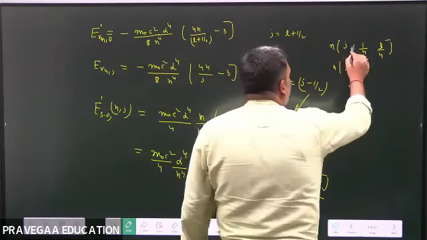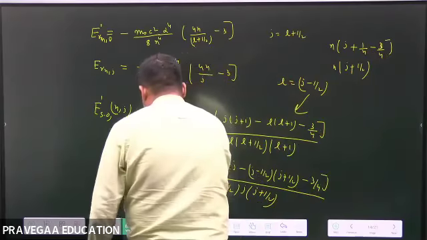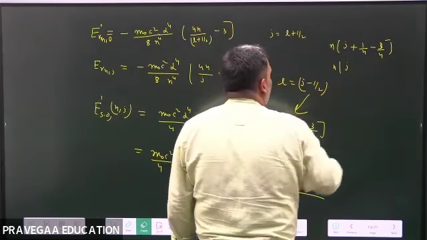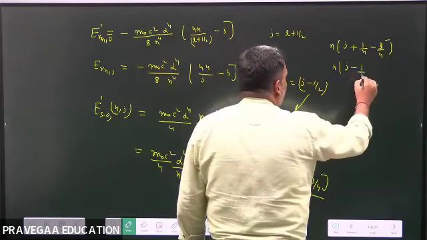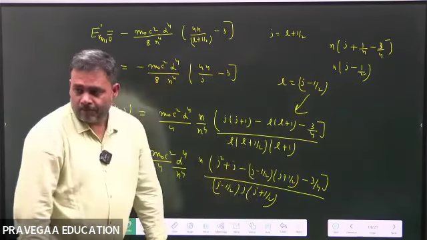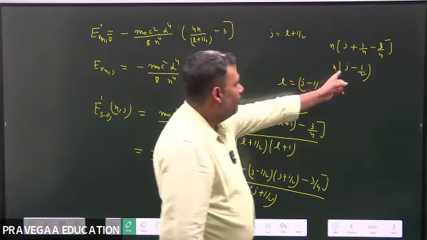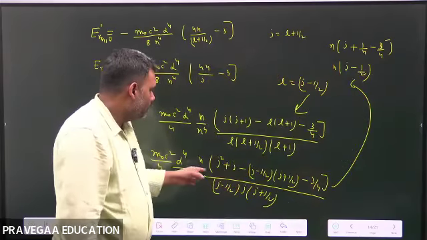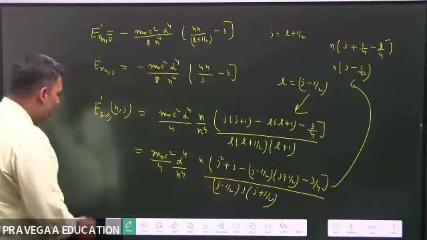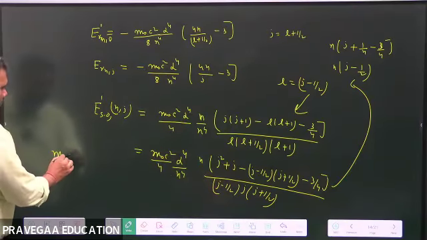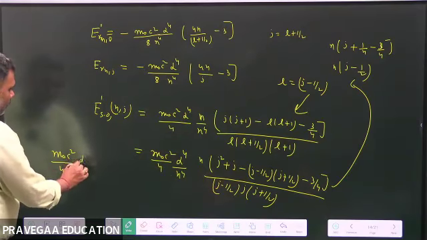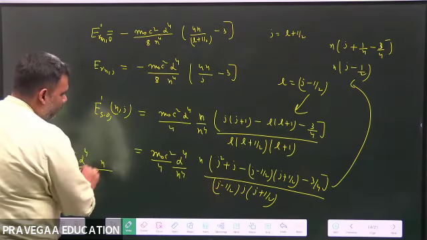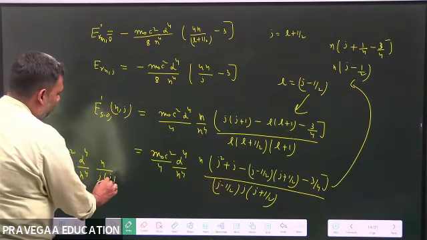Yes, so this will be plus, this will be minus. कितना वैल्यू आ रहा है, प्लस या माइनस, माइनस 1/2. ओके, सो ठीक है. सो व्हाट विल हैपन, दिस वैल्यू इज नथिंग बट व्हाट, j माइनस हाफ, नीचे भी क्या है, j माइनस हाफ. सो j माइनस हाफ कैंसिल हो जाएगा, एंड व्हाट यू हैव बेसिकली m naught c square by 4 alpha to the power 4 n4, and you have n upon j into j plus half.